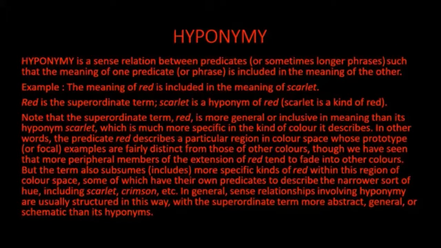But the term also includes more specific kinds of red within this region of color space, some of which have their own predicates to describe the narrower sort of hue, including scarlet, crimson, etc. In general, sense relationships involving hyponymy are usually structured in this way, with the superordinate term more abstract, general, or schematic than its hyponyms.